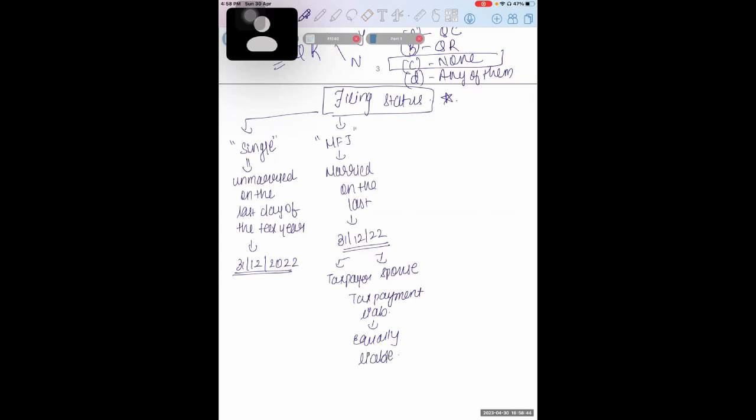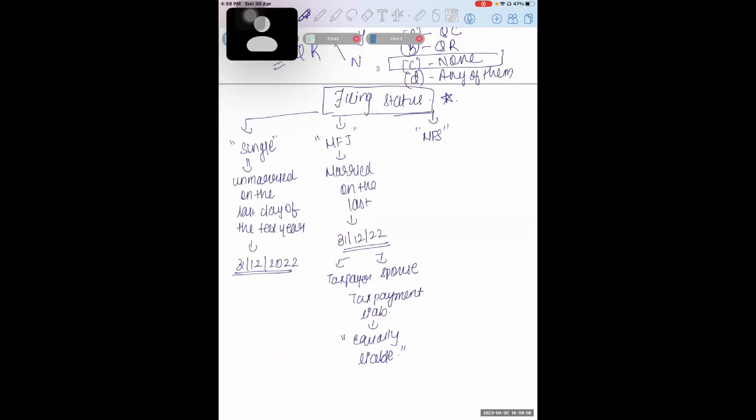MFS is simple. If you are married, you need to file a joint return. But if you are married and still decide to file a separate return, because of some tax benefits or credits, or let's say the taxpayer is earning but the spouse is not, then why should the spouse pay tax on income earned only by the taxpayer, since, as mentioned, they are equally liable?